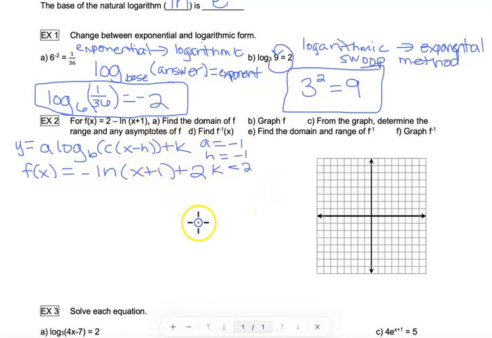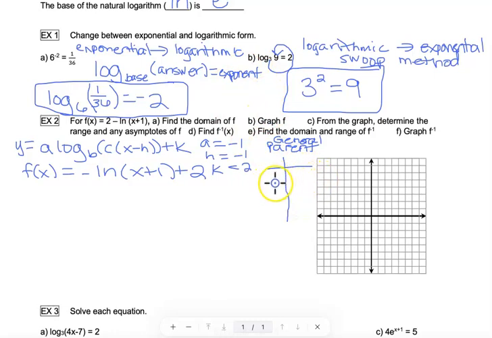So my parent pattern for a logarithmic equation, and this I should write as general parent. Remember that exponentials and logarithms are inverses. It's the exact same pattern that we had for exponentials, except we flip the inputs and the outputs.